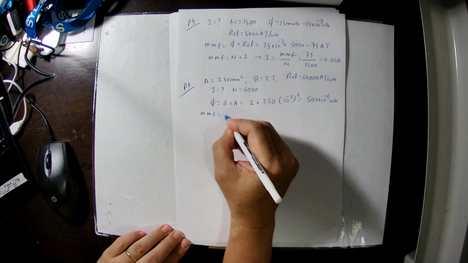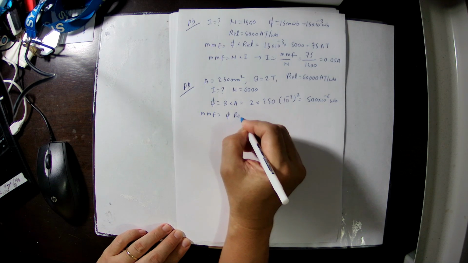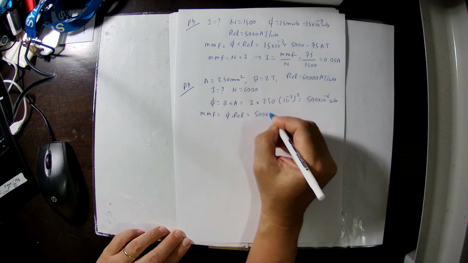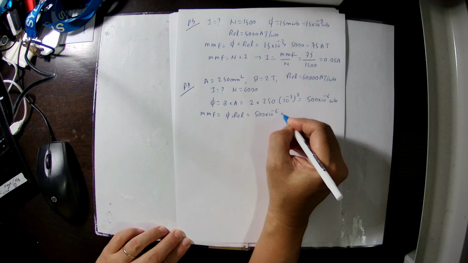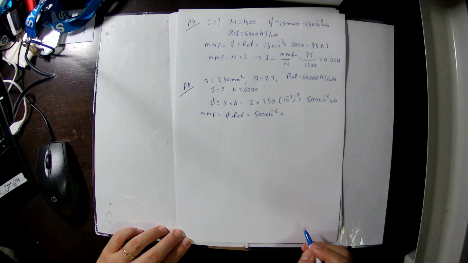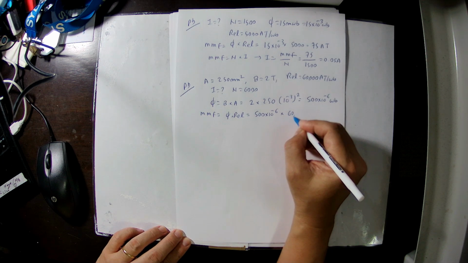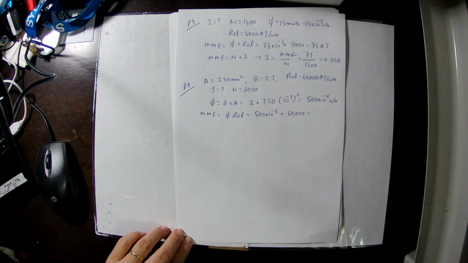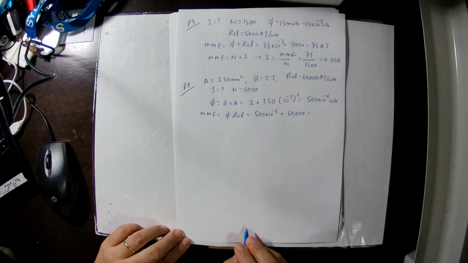Magnetic force equals flux multiplied by reluctance. The flux is 500 into 10 power minus 6 Weber and the reluctance is 60,000. So in this way, we can calculate the magnetic force.